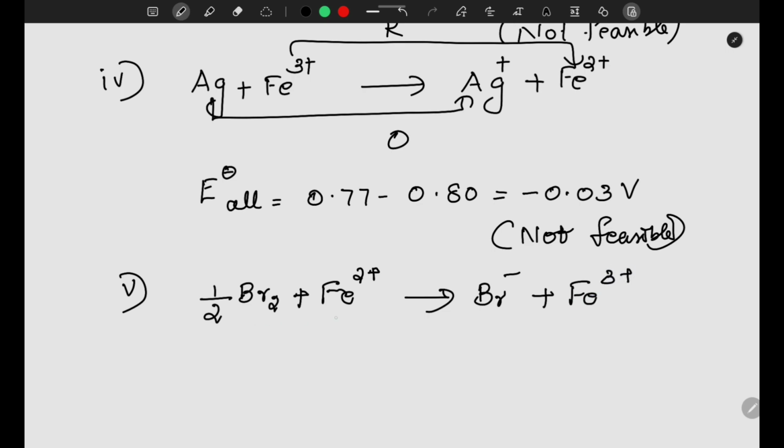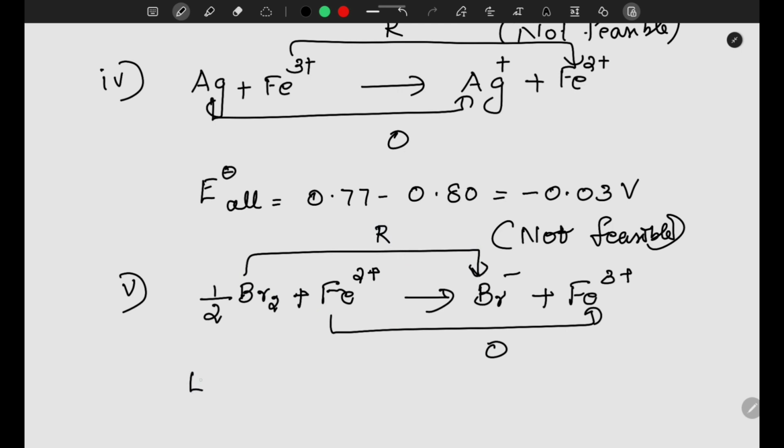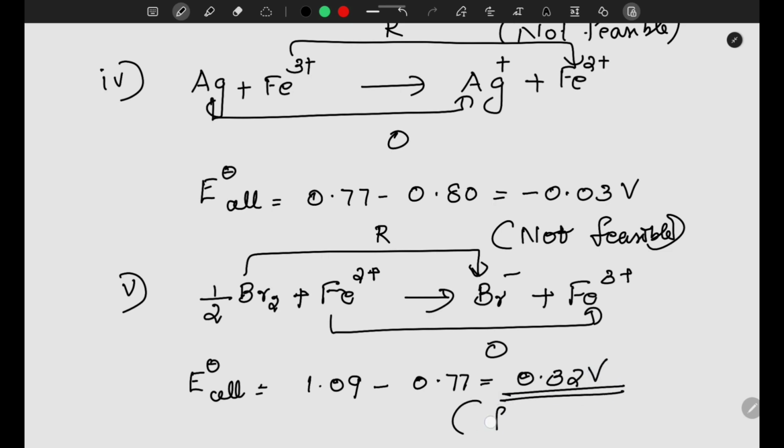Here iron is undergoing oxidation and bromine is undergoing reduction. So E° cell is equal to the potential of bromine, 1.09, minus 0.77. So we will get 0.32 volt. This is a positive quantity, so this reaction is feasible.